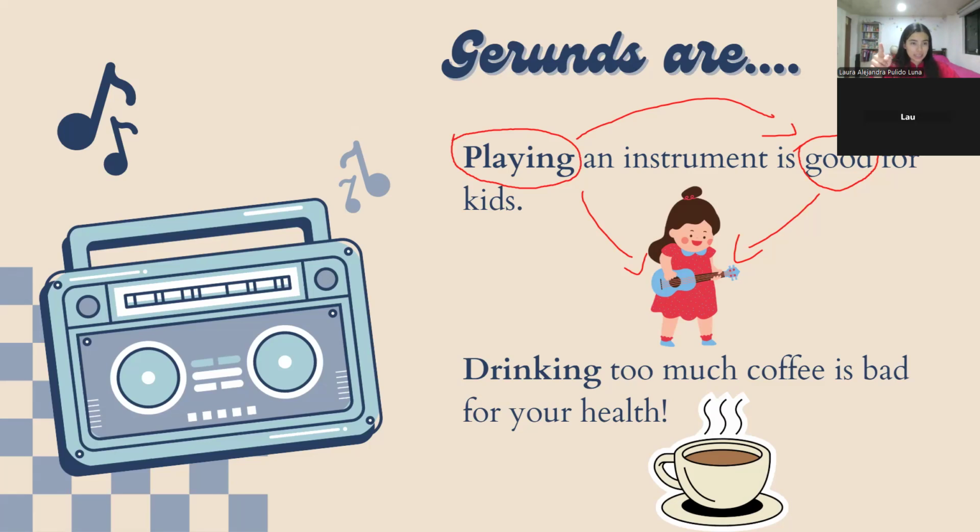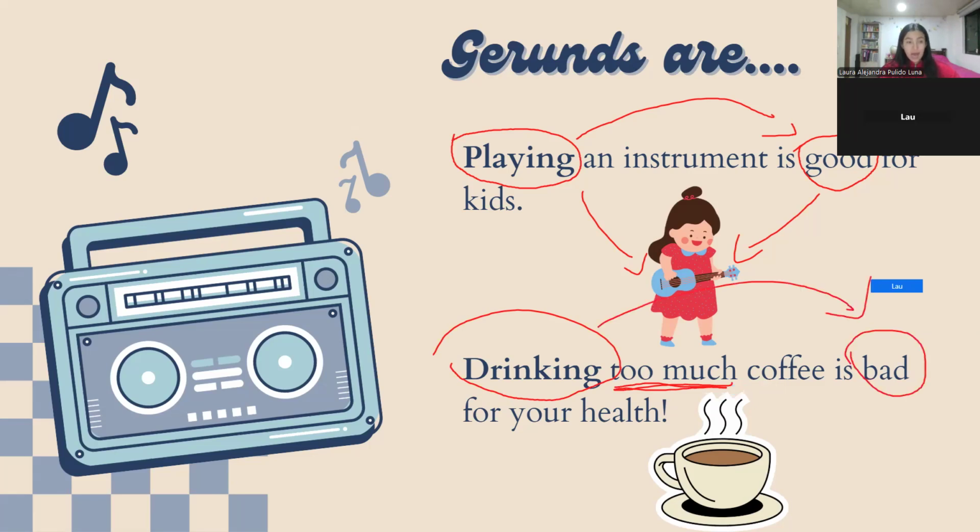So I'm not telling that the kid is doing or performing a specific action. I am saying in general that the action is good. For the second one, drinking too much coffee is bad. Bad for your health.